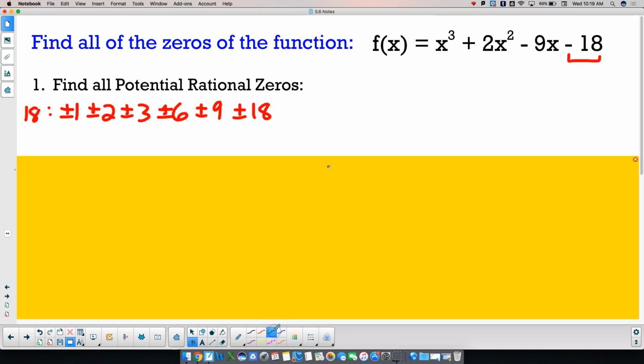Then I look at factors of my lead coefficient. What's my lead coefficient? 1 is my lead coefficient. So because my lead coefficient is 1, my list is just my red numbers.